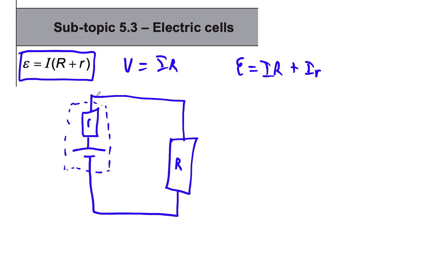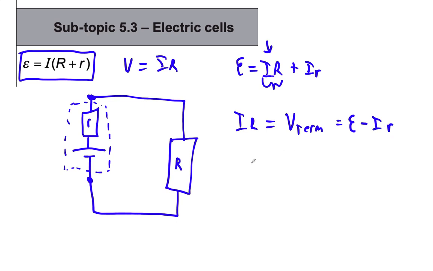Now, we could argue that the terminal voltage is really just this. It's the voltage that this resistor sees, which is going to be IR, right? So if I solve that for IR, that's going to be the terminal voltage. And it's just the actual intrinsic voltage of the cell minus the current times little r.